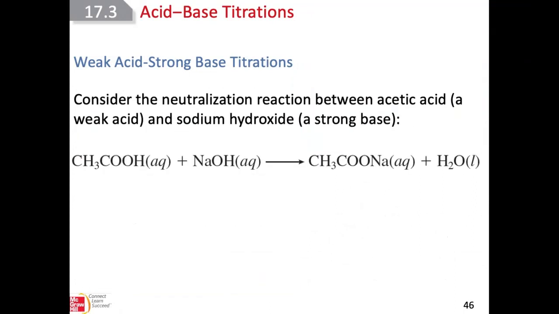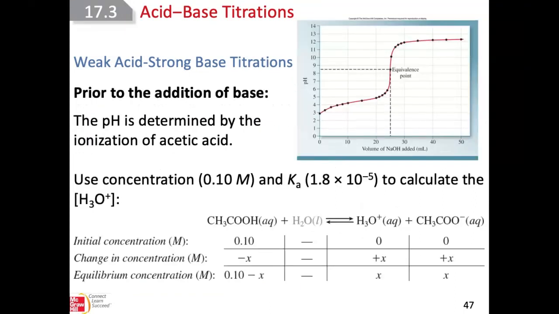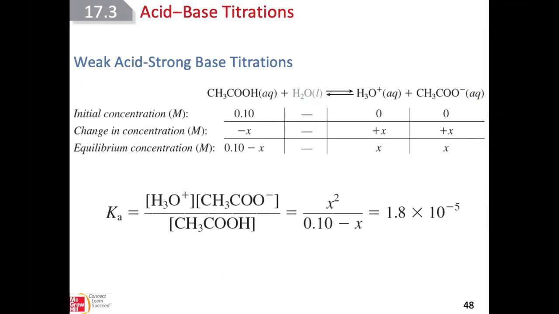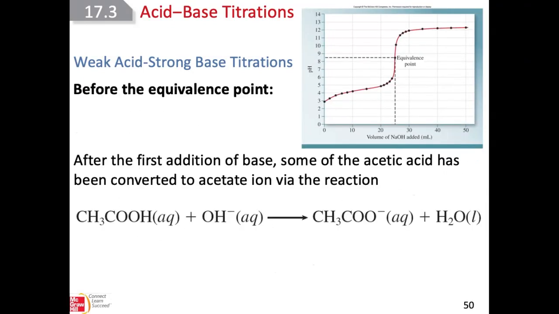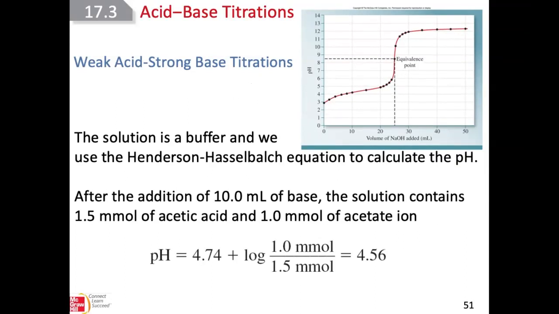This is the concentration. Let me go back over here. So we have 0.1 molar of the acetic acid. We're adding 10 ml of the base, and the solution will have 1.5 millimole of acetic acid and 1 millimole of acetate ion.